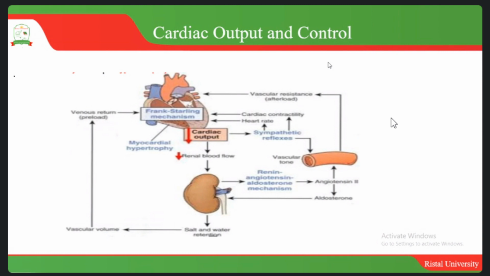Then the vascular volume will also be increased, and there will be venous return back to the heart. But when there is no good cardiac output, there will be no proper venous return to the heart, and yet the circulatory system has to continue in the same way to meet the normal demand of the other parts of the body.